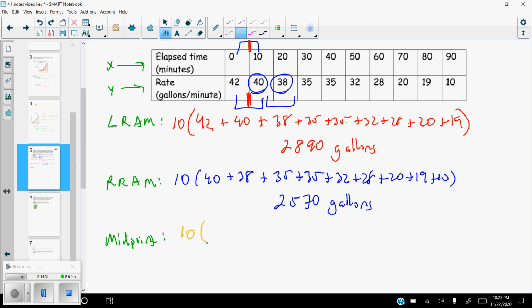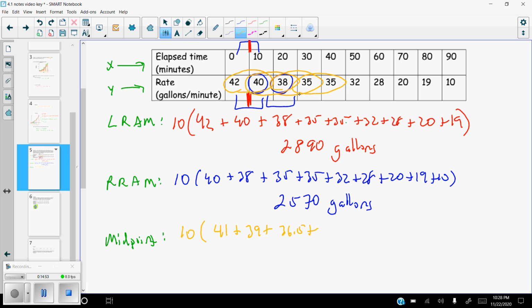So at 5, that would be the average of 40 and 42, which is 41. And then we're going to have to average all the rest of the pieces. The average between 40 and 38 is 39. Between 38 and 35 is 36.5, I believe. Yeah, that sounds right.